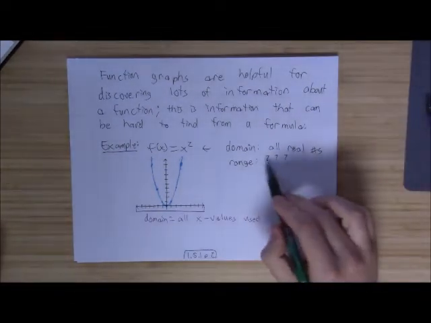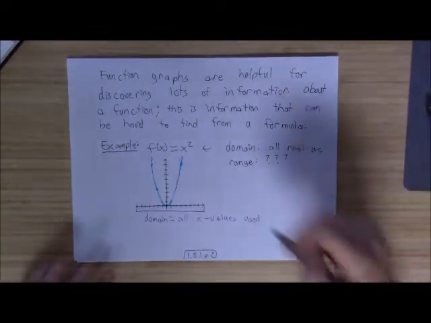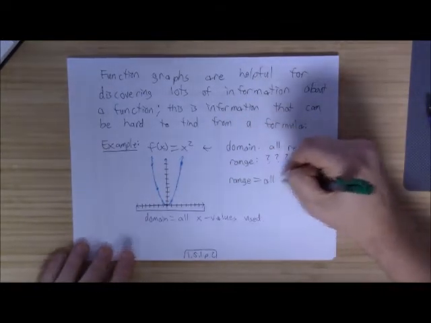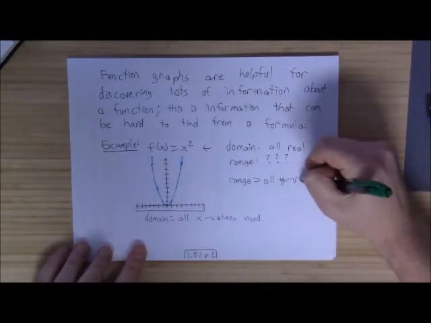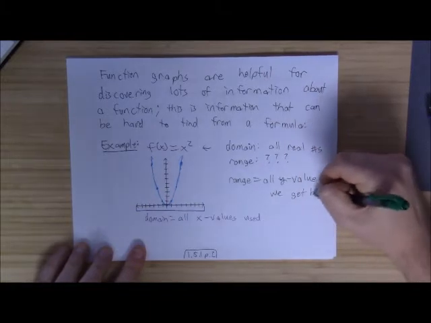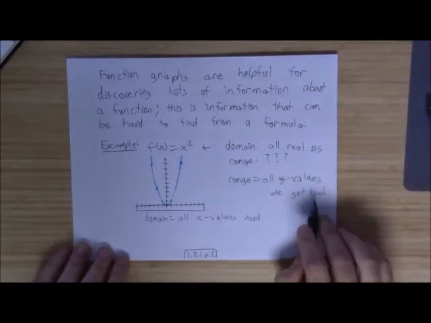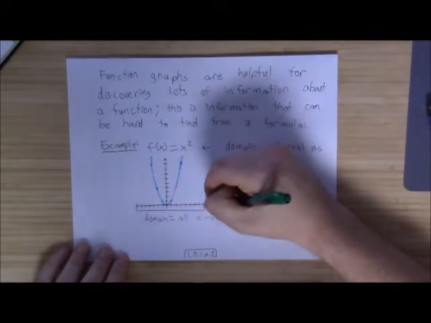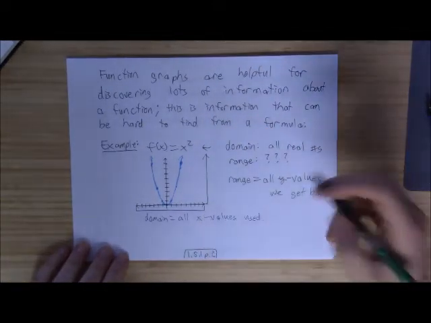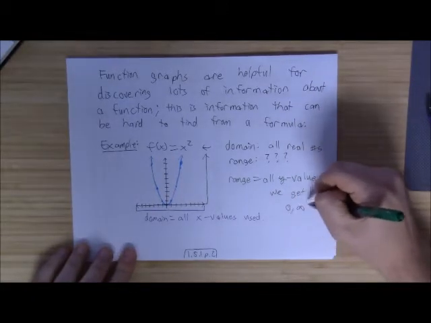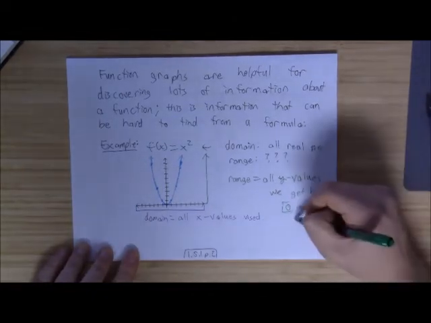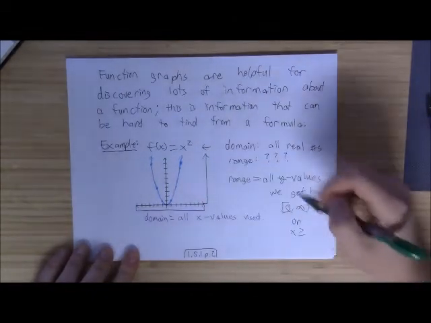However, the range is all of the output values. That is, the range here is equal to all the y values we get back. In other words, all the y values we get back out of this, we can see is everything from 0 to infinity, or if you prefer, y greater than or equal to 0.